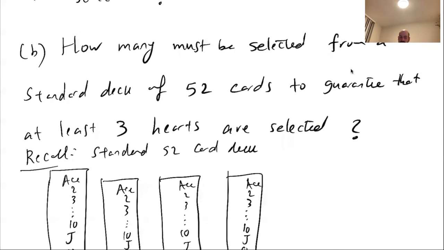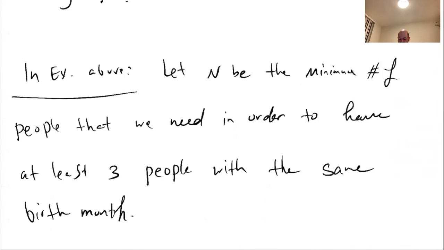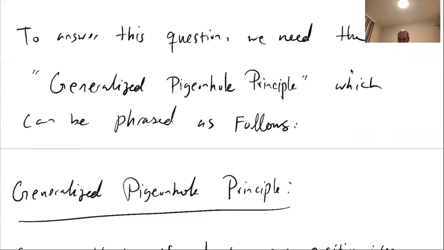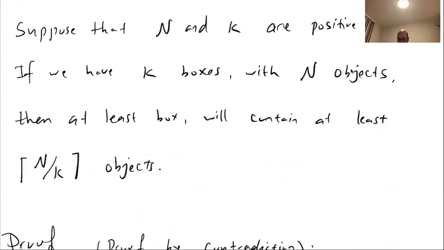Well, if I want to use the pigeonhole principle or generalized pigeonhole principle, let's look at the statement one more time. The generalized pigeonhole principle talks about a guarantee of having at least one box with at least a certain number of objects. The pigeonhole principle itself also talks about a guarantee of at least one box with at least two objects.